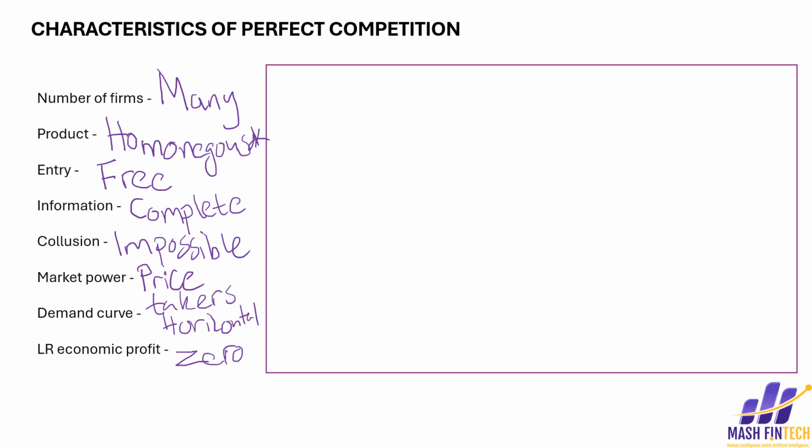And when you have products that are perfect substitutes, the elasticity of demand for those products is elastic. So these products are perfectly elastic in their demand. And when you have perfectly elastic demand, you have a horizontal demand curve. Any slight change in the price of the product is going to completely change the demand schedule for a product.